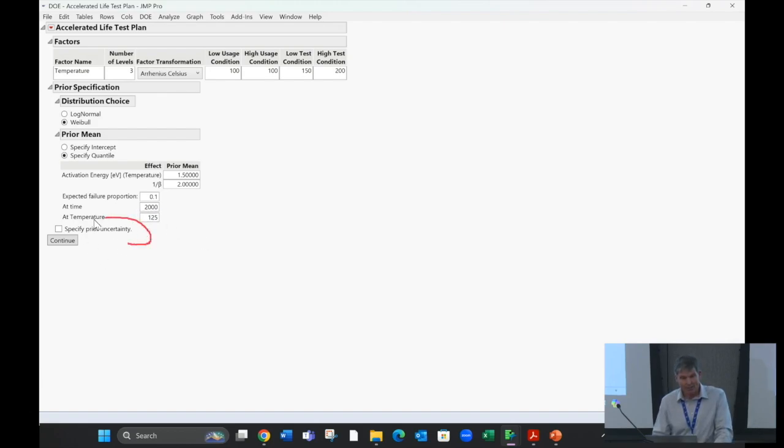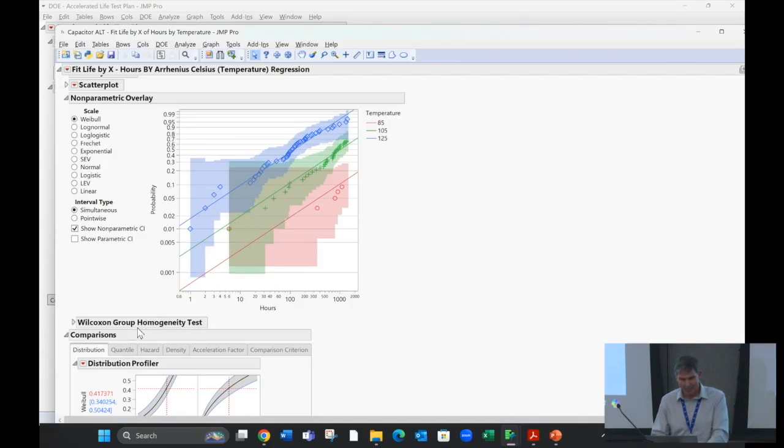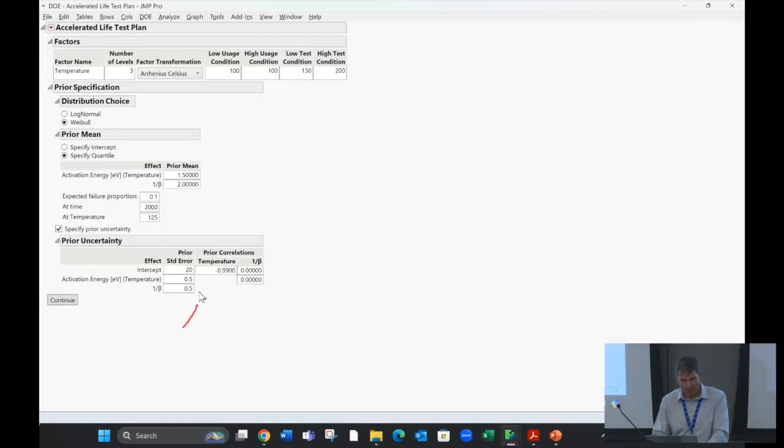Now, that data that I just showed you, I can actually put in those parameter values and the covariance matrix by hitting this specify the prior. So that's these guys right here, and then this is the correlation matrix. What I'm saying is when I look at the statistics back here for the Weibull results, we'll say, these guys right here, they would go right here.